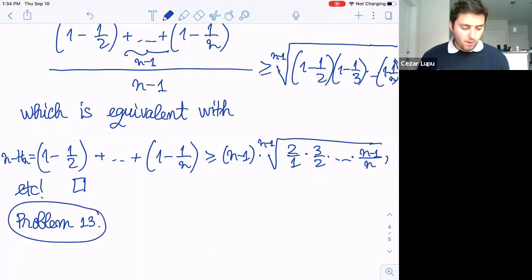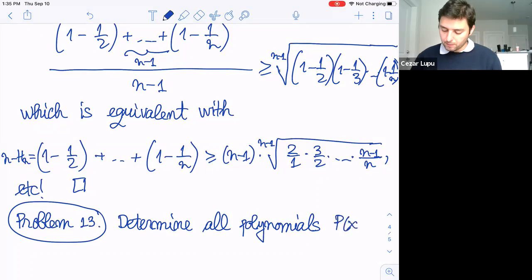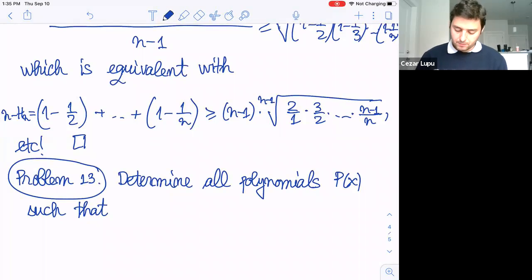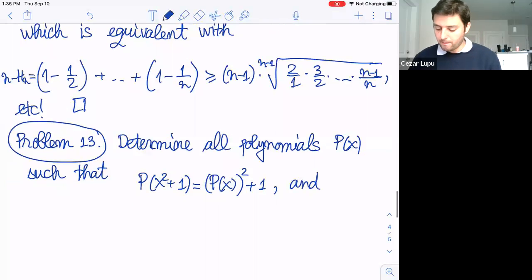was a Putnam problem, which says the following: determine all polynomials P of x such that P of x squared plus 1 is P of x squared plus 1, and P of 0 is 0.